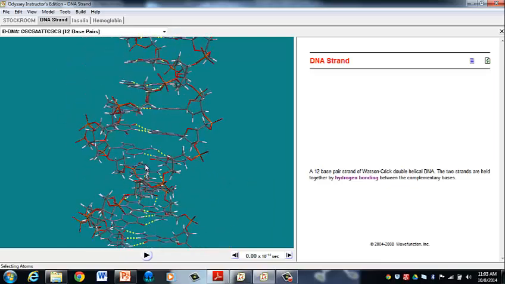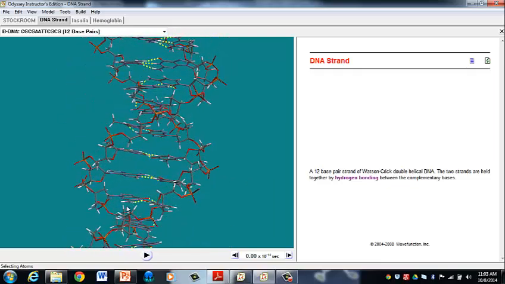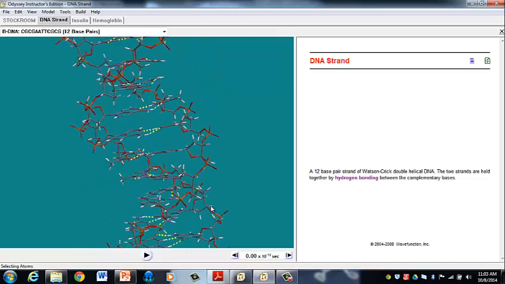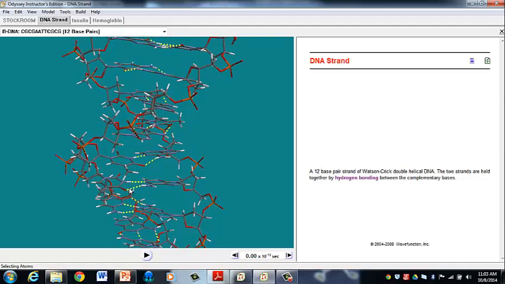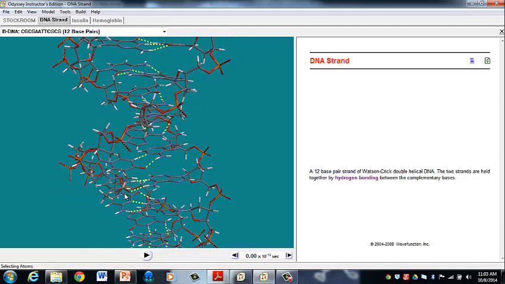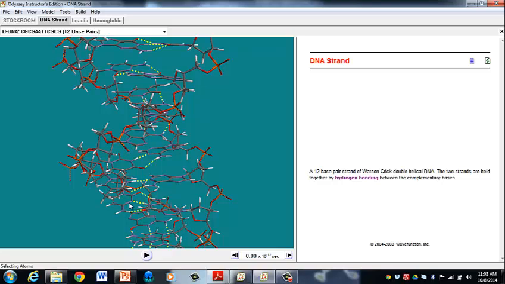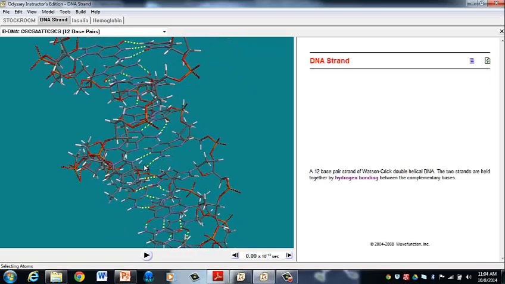And what do you see holding the two strands together right in the middle? Hydrogen bonds. Yes. The letters of DNA are actually different chemical structures, but the reason that they know which one to pair up with is that they make a certain number of hydrogen bonds in a specific arrangement.